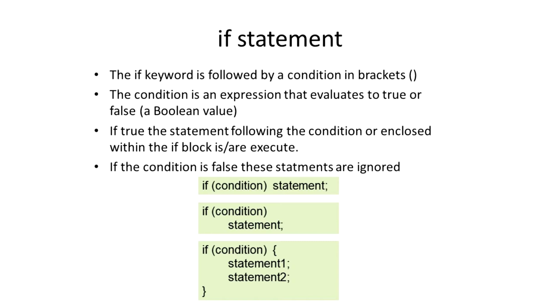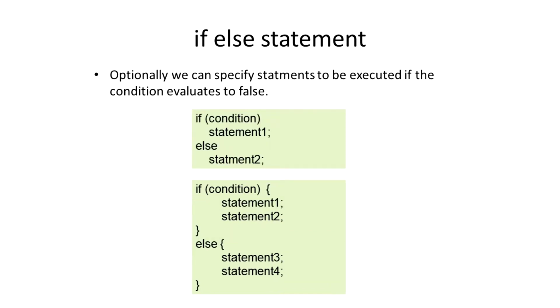Let's go on and talk about the counterpart to the if statement, which I alluded to just a minute ago. It's the else statement. And this is a part of the if statement where you can specify code to be run if the initial condition was false.